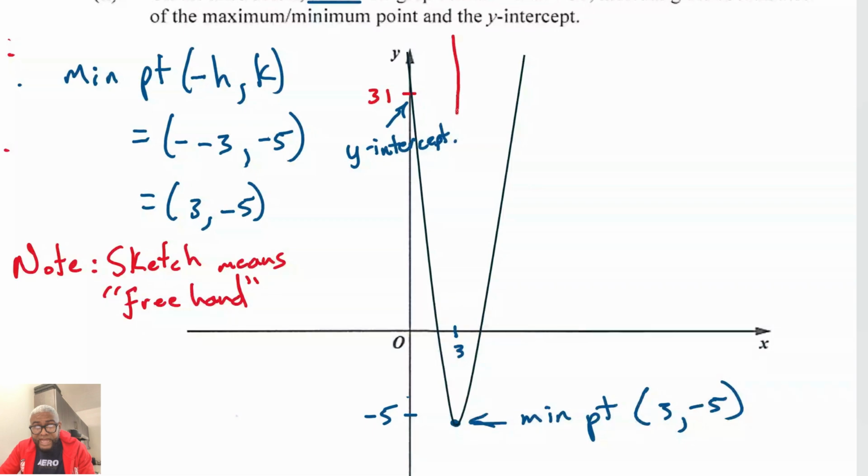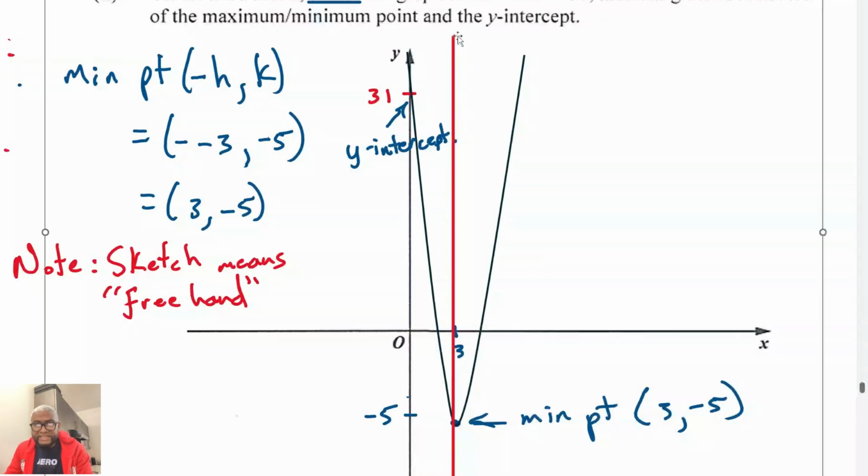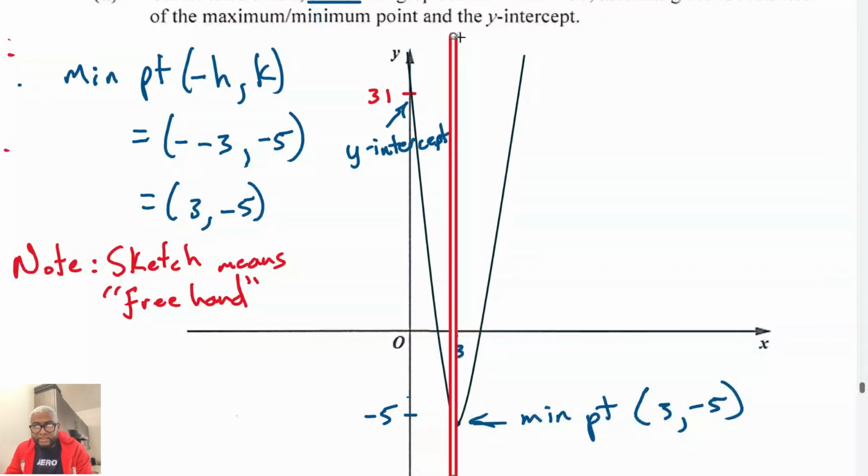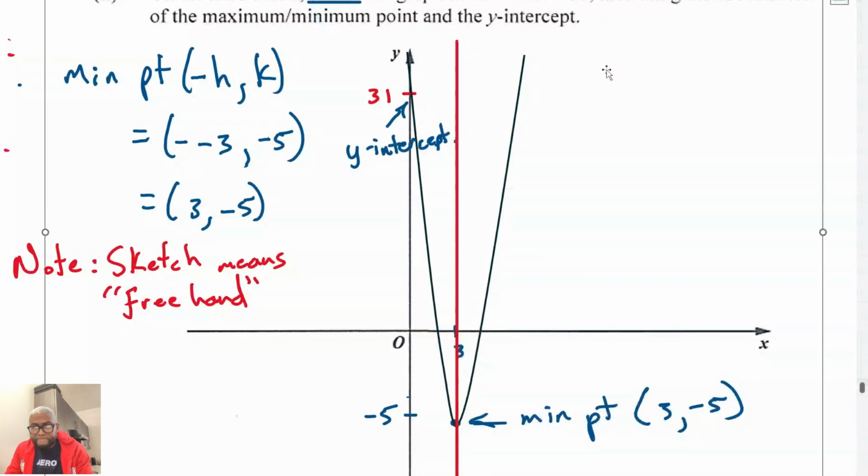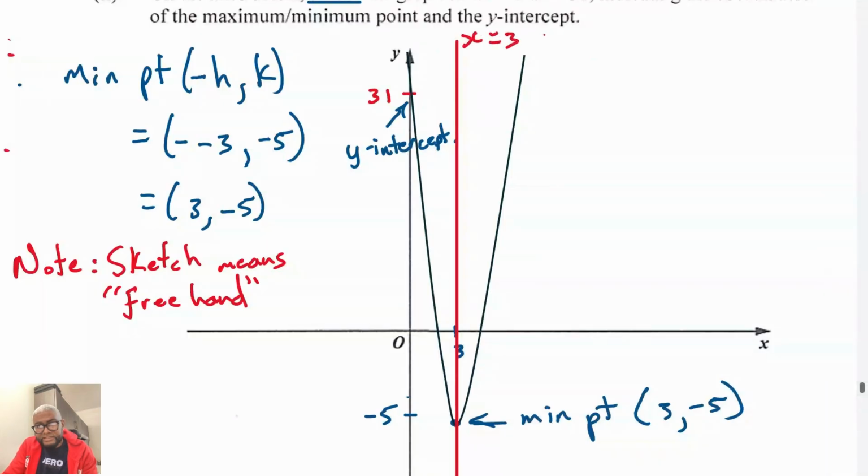The equation of the axis of symmetry is the equation of this line that goes straight through the center of the curve, so it is x is equal to 3. This is your axis of symmetry. Everybody good there?